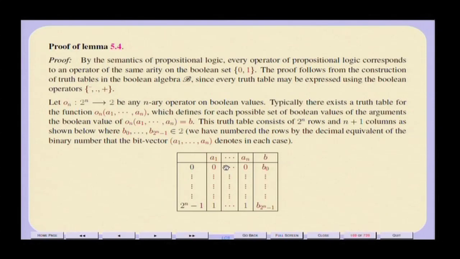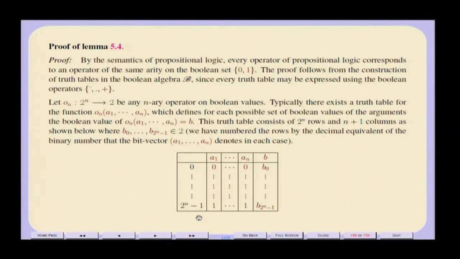If you think of this operator applied to n arguments a1 to an, where each takes values either 0 or 1, then there are 2 raised to n different possible vectors of values that can be assigned. And since this is a total function, it should give you a 0 or 1 result for each of those 2 raised to n possible vectors, let us say b0 to b(2 raised to n minus 1).